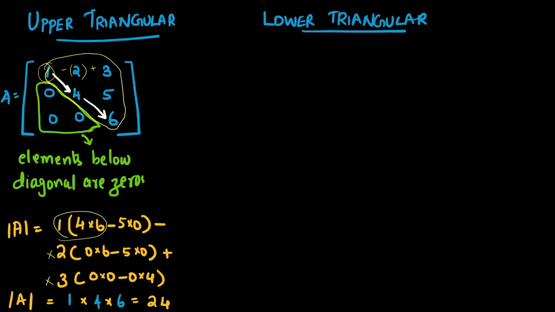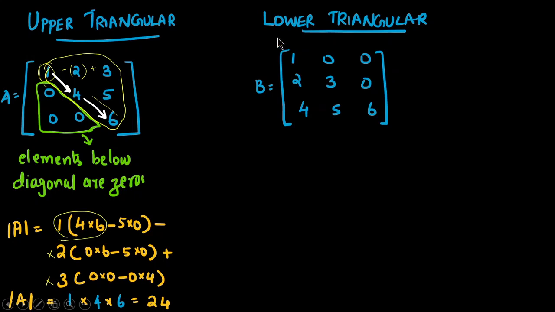It is actually the product of the diagonal elements. You can see the diagonal elements are 1, 4 and 6. When you find the determinant of any upper triangular matrix, the determinant is just equal to the product of its diagonal elements. Let's have a look at the lower triangular matrix.